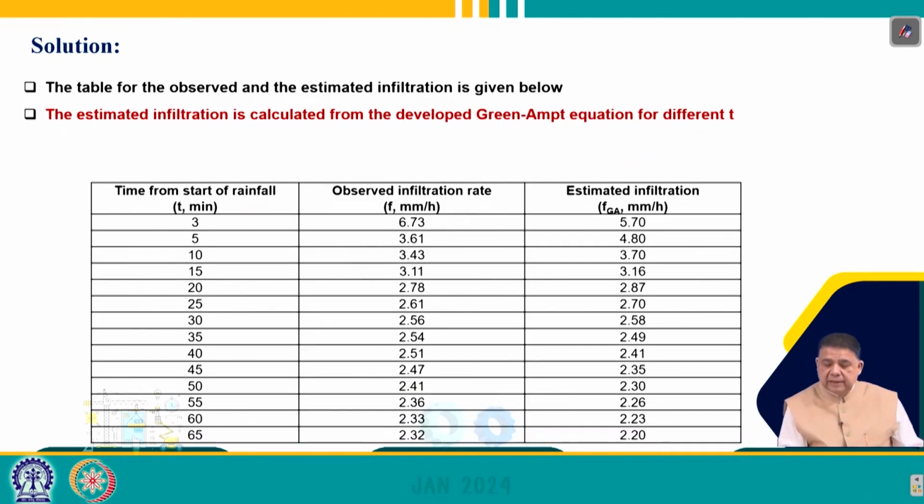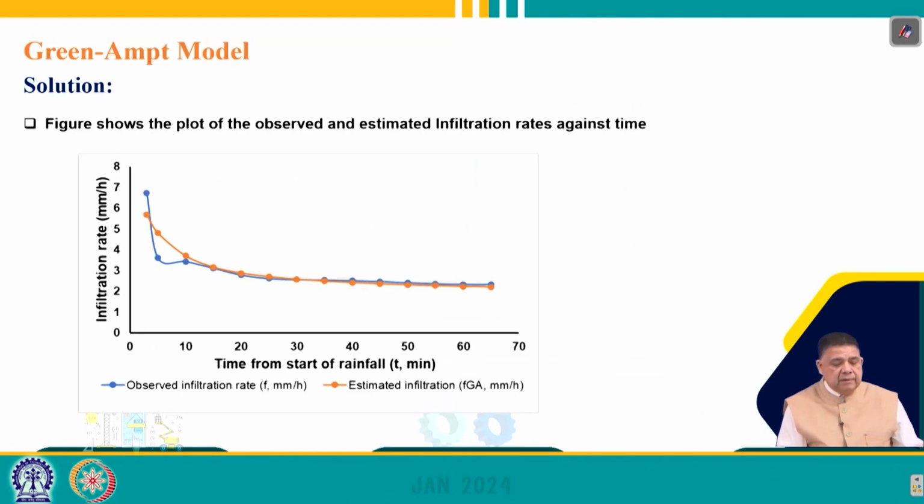And also, as the observed infiltration rate is there, we can use the fitted model to get the estimated infiltration values, and then we can plot the observed and estimated infiltration rate. As you can see here, blue color is observed infiltration rate, orange is estimated infiltration rate using the Green-Ampt model.